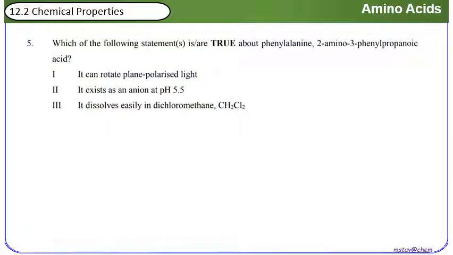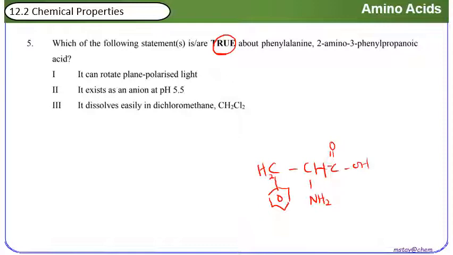Question number 5, which of the following is true about phenylalanine? So 2-amino-3-phenylpropanoic acid, maybe we can draw the structure. Propanoic acid, and then complete with 2-amino and 3-phenyl. After that, only we complete the hydrogen atom.